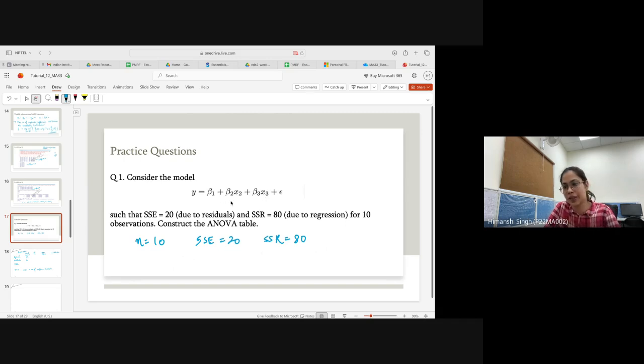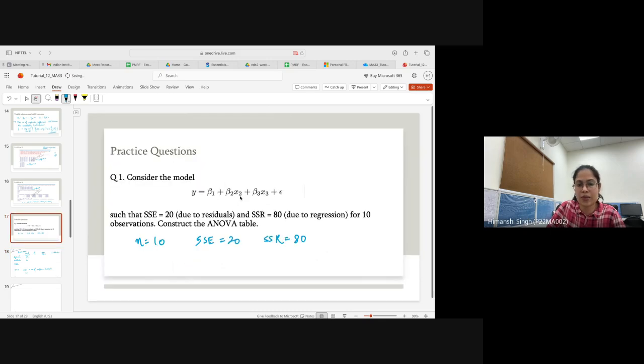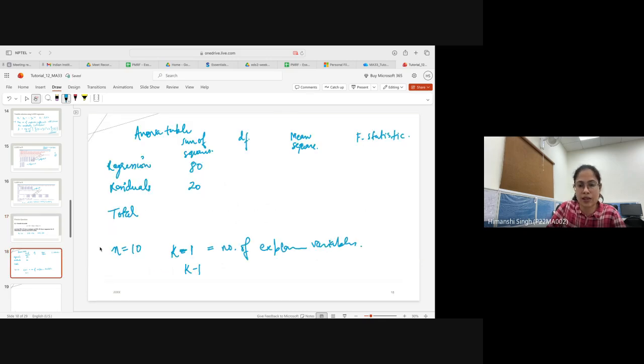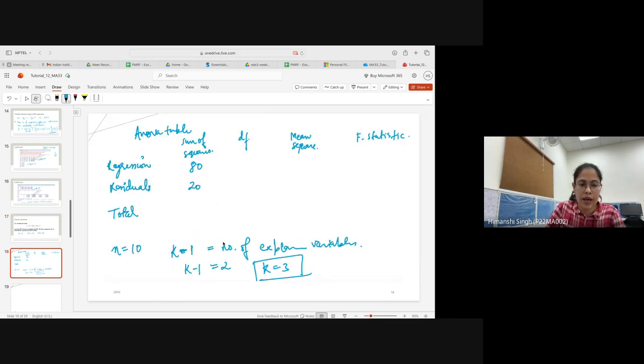There is no x1 here. So just make sure that you are using the same model. So k minus 1 is the number of explanatory variables, and two explanatory variables are there. So this is 2, so k will be 3, which we can also see since x2, x3, it is going till 3. So k is 3, and n is 10.